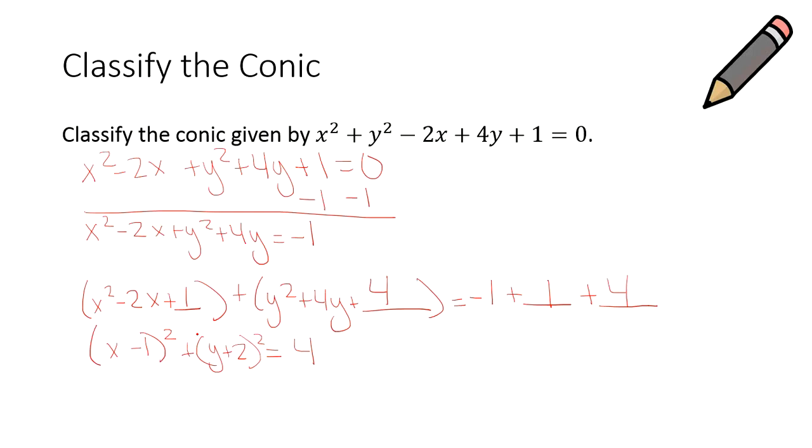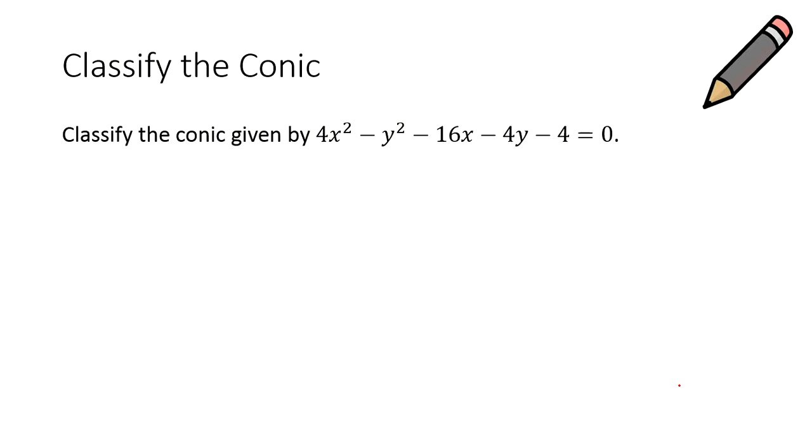So no fractions. So it's got to be a circle. So I have a circle with a center of 1, -2. And if you remember, this was r squared, so I'm going to have a radius of 2 on this circle.